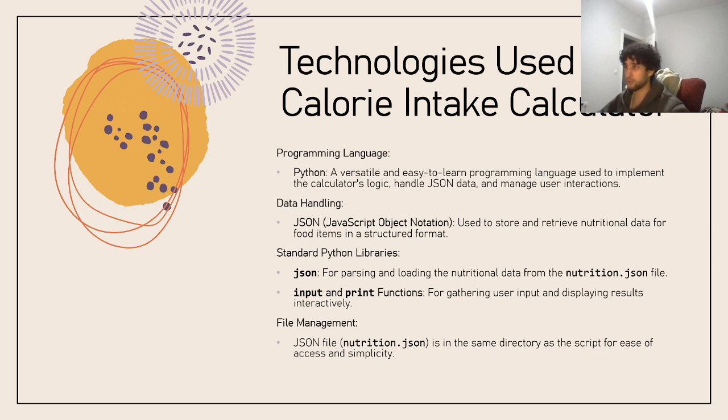JSON is also used to store the nutritional data in a structured and easily accessible format. The program uses standard Python libraries like JSON for loading and managing data, and input and print for interactivity. We're gonna see that later when I show the full program. The entire project runs in a local environment, making it lightweight and easy to use.